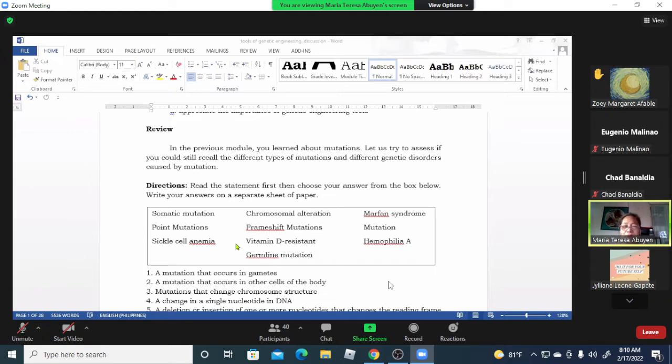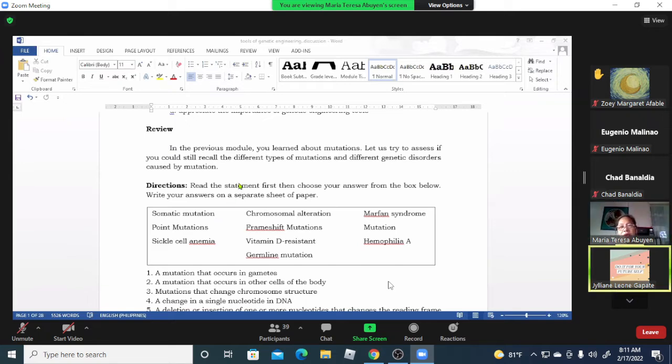So what have you learned in mutation? Okay, yes. It is a change that occurs in our DNA sequence either due to mistakes when the DNA is copied or as the result of environmental factors such as UV light, cigarette smoke, and so on. Okay, thank you for that.